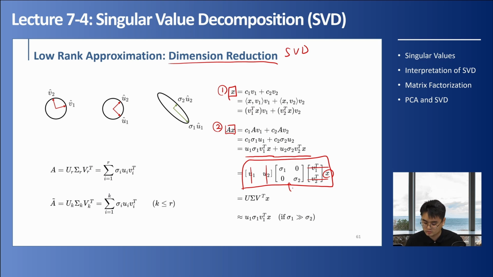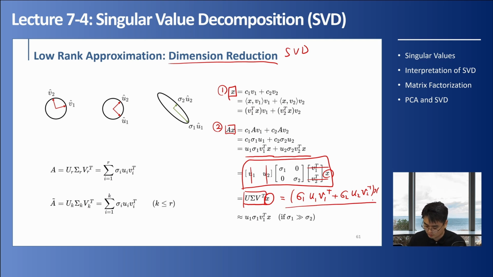So actually, this is U times sigma times V transpose times x. And we know that this is sigma 1 U1 V1 transpose plus sigma 2 U2 V2 transpose times x, because sigmas are scalar values, so we can put sigma in front of these multiplications of the unit vectors here.